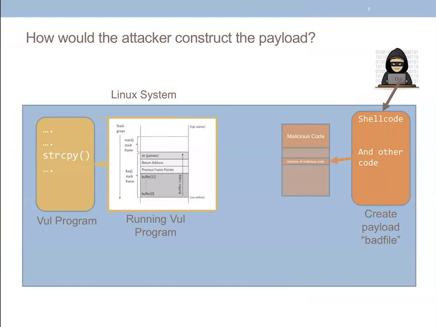So the question that we have right now is, how is the attacker going to produce this payload? How is this payload constructed? In other words, what are the contents of this program that creates the payload? How are they going to create this payload?